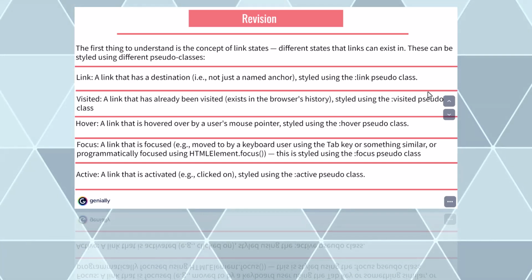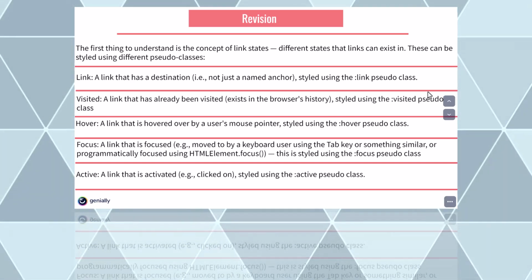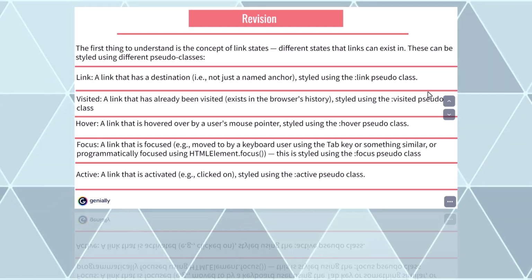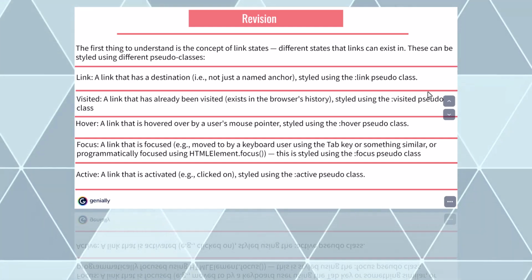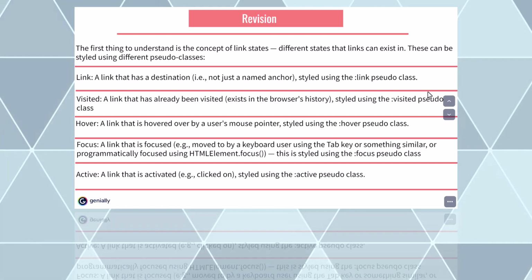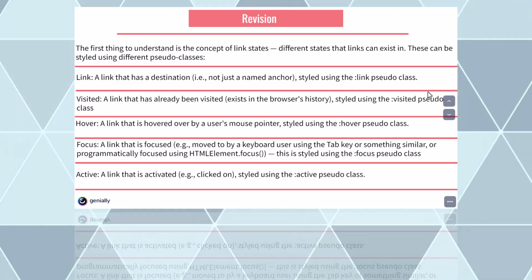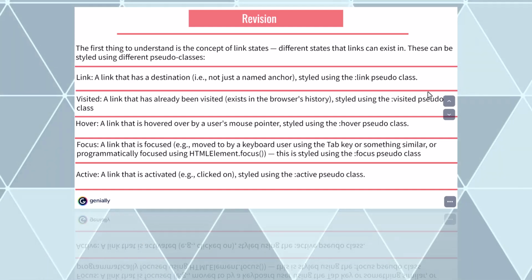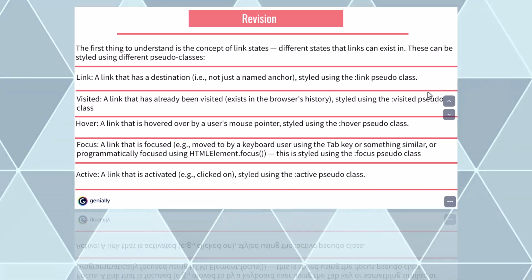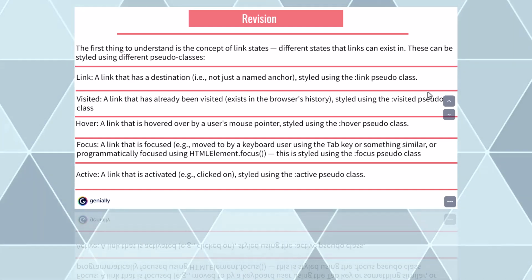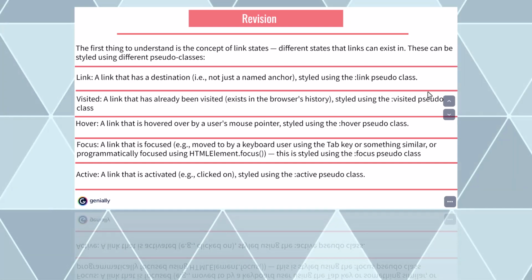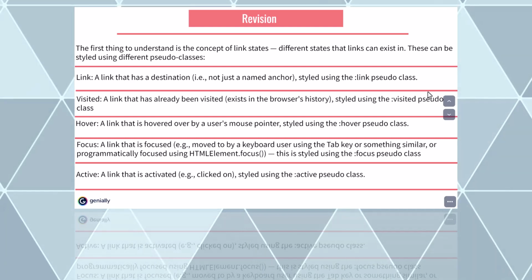After you clicked on or visited the link, you can style it to differentiate that the link has been visited, using the visited pseudoclass. Remember the volume because we are recording here. Visited link styling, or visited state, is when you can style it to show that that link has been visited using the visited pseudoclass.